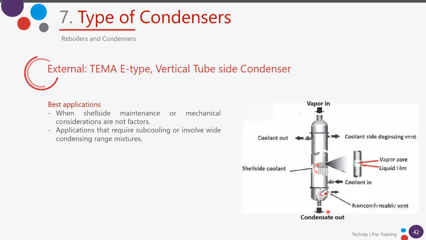So the evacuation of condensates is better in the vertical tube side condenser, since the nozzle is located at the bottom of the exchanger.